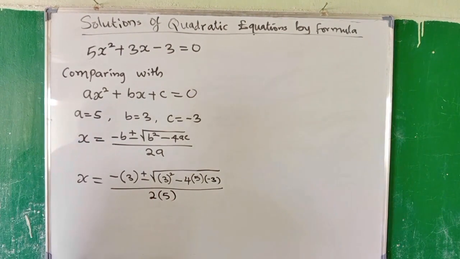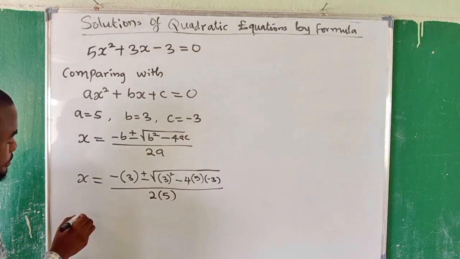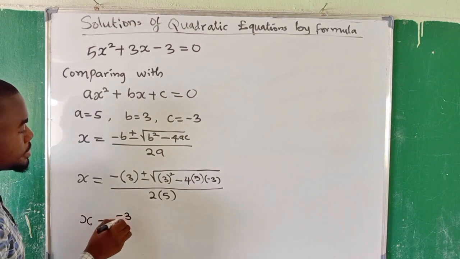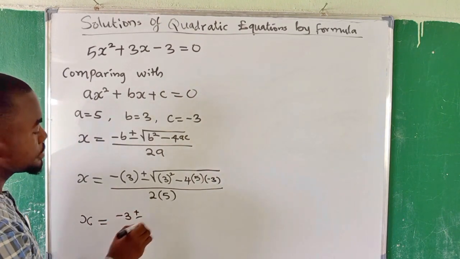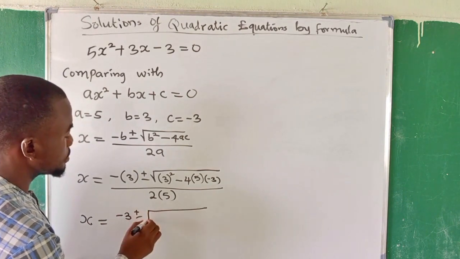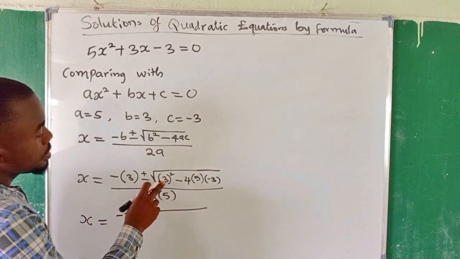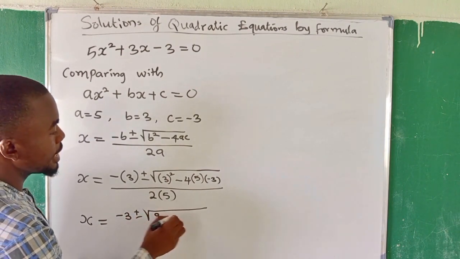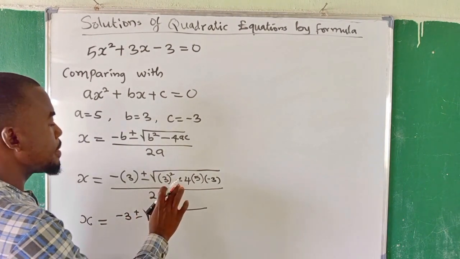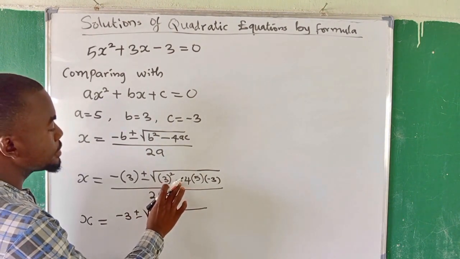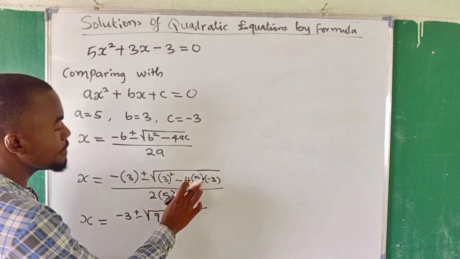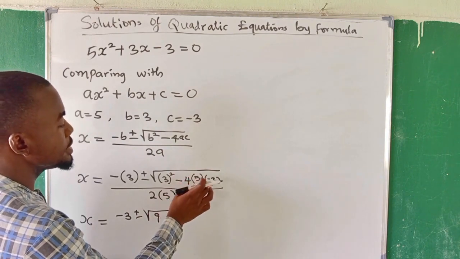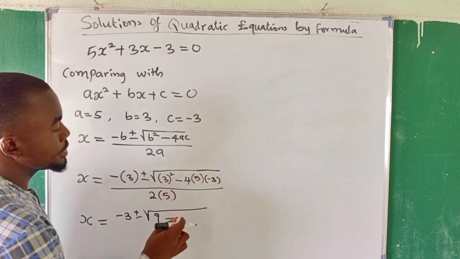Now we will simplify this. x is equal to minus 3 plus or minus square root of 3 squared, which is 9, minus 4 times 5, which is 20, and minus 20 times minus 3 is minus 60.